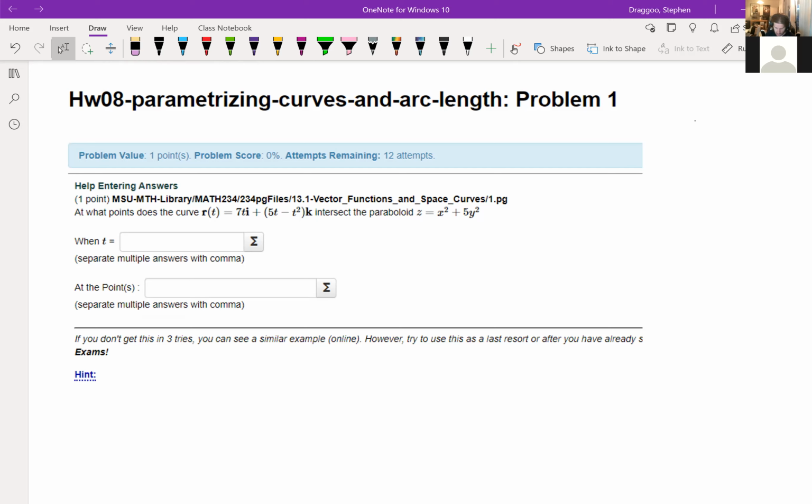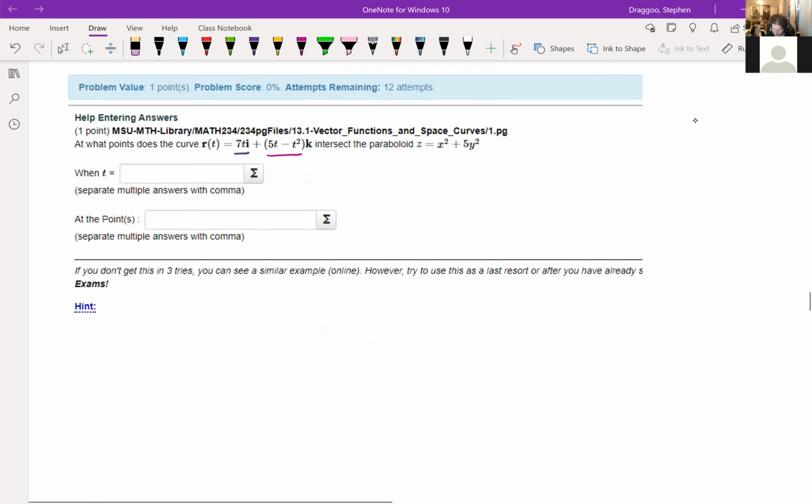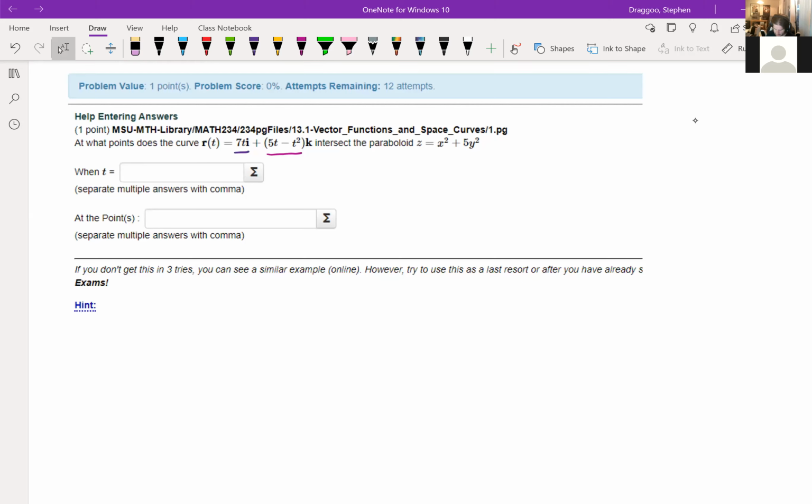Given that we have a parametric equation, we have equations for x, y, and z. The coefficient on i is the x part, the coefficient on k is the z part. There is no j part, which means y is 0, which makes things look a little nicer for us. That's one extra piece we don't have to deal with.